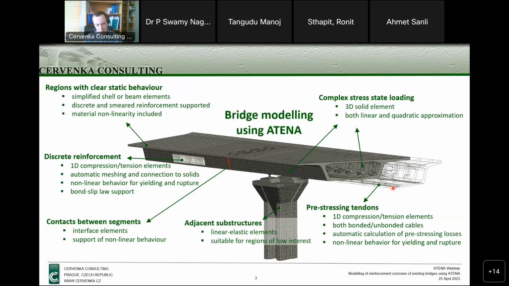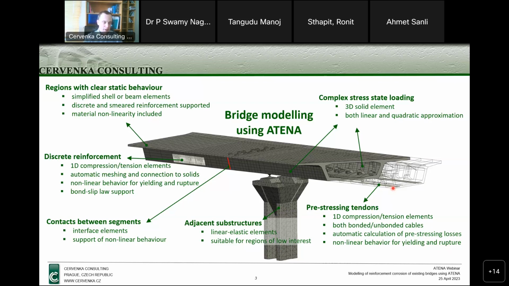This is simulated with very similar elements as the discrete reinforcement. However, we have some special material which can simulate the prestressing losses, which is a typical phenomenon from this type of technology.